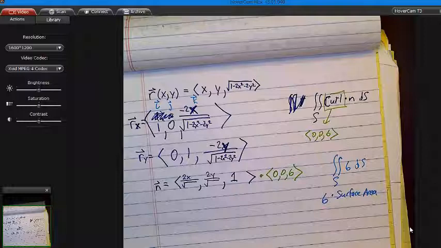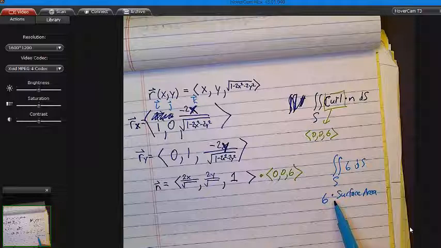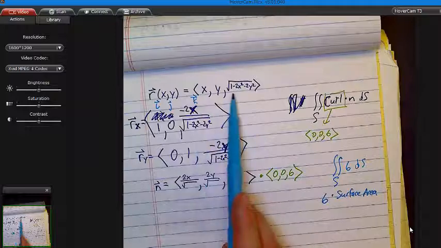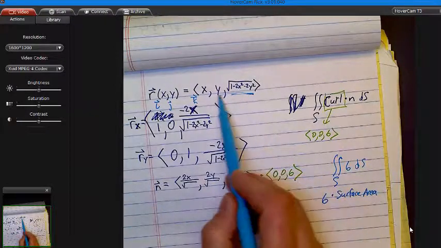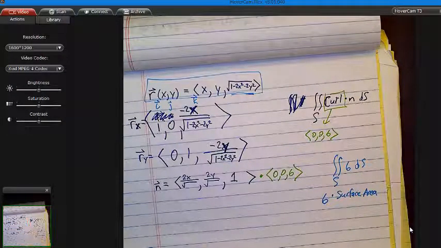So I think it's worth it to do it though. Let's see. So how would we do this problem? We want to use our parameterization of the surface like this. This is going to take more time than I expected.